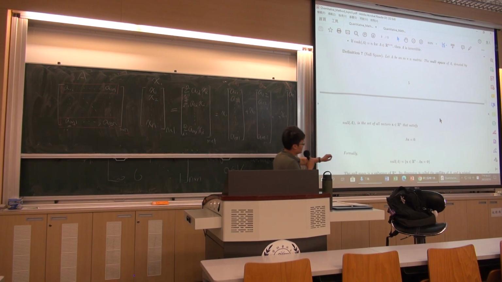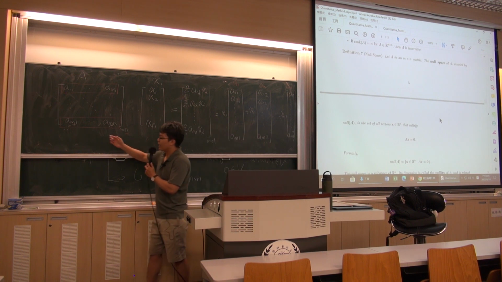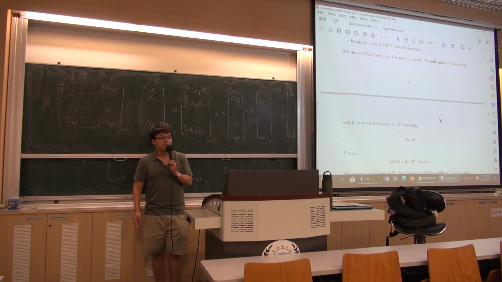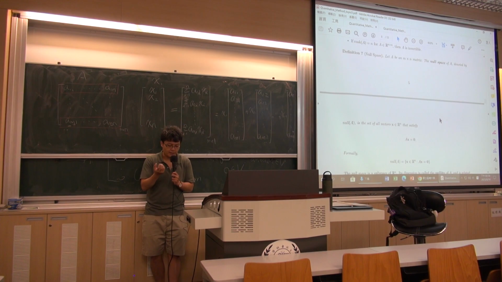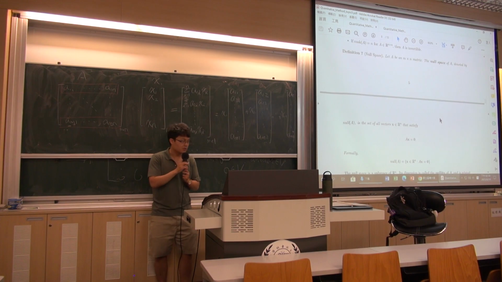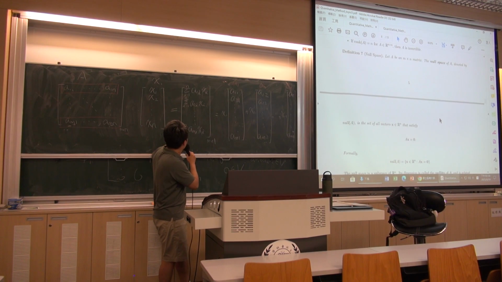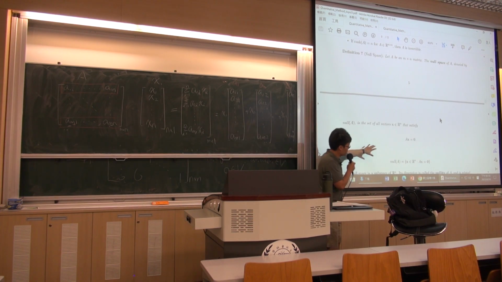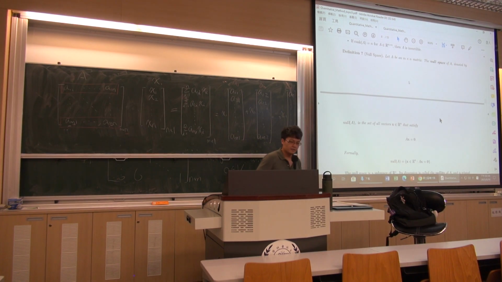So the null space is 0, just one unique solution. And what if the columns here are linearly dependent? That means we have infinitely many solutions x that can solve this equation.